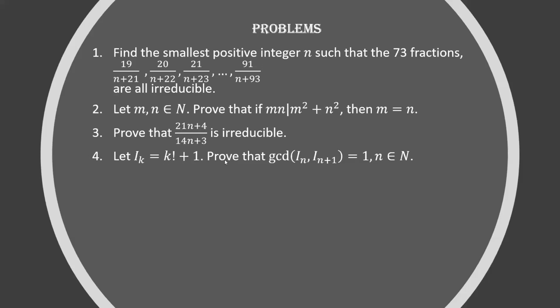You just have to make the substitution: I_n is equal to n factorial plus 1 and I_(n+1) is n plus 1 factorial plus 1, and then you do some algebraic manipulation, or you can say number theoretic manipulation, and finally you arrive at the answer. So you can try the fourth problem. This is not tough. I have intentionally kept I_n and I_(n+1).